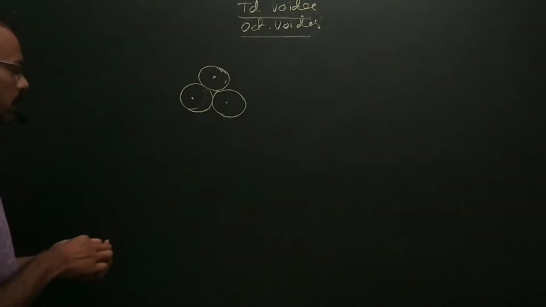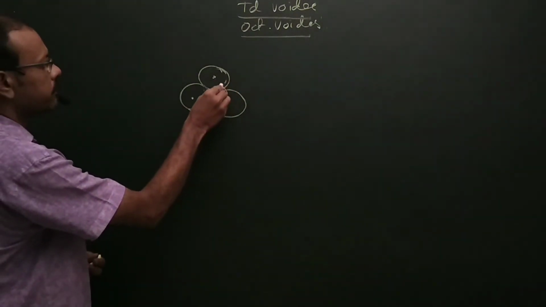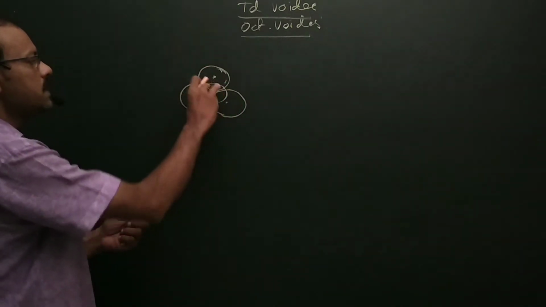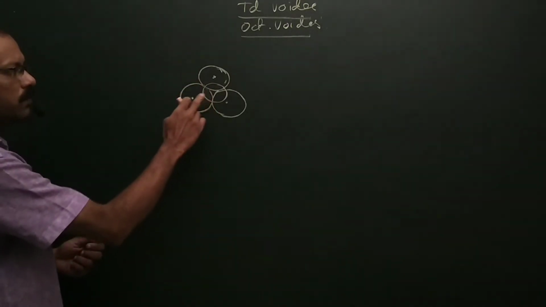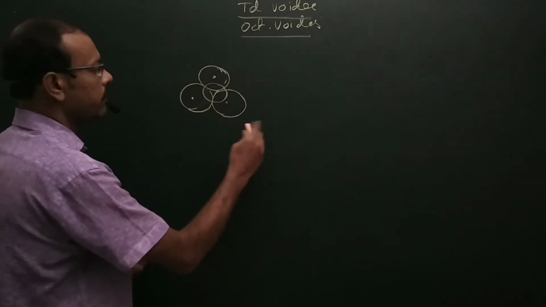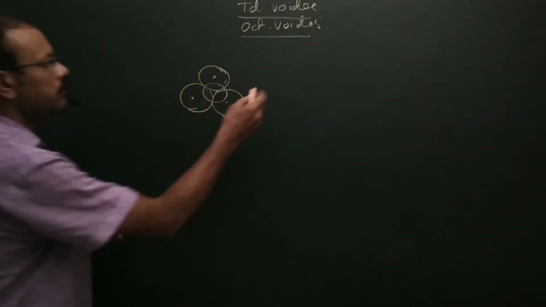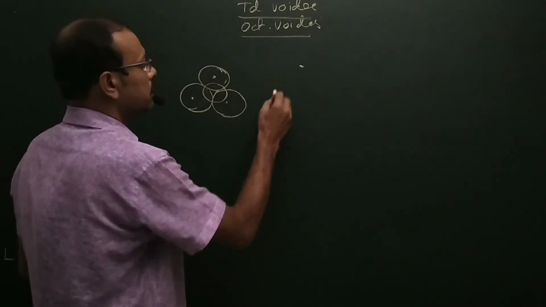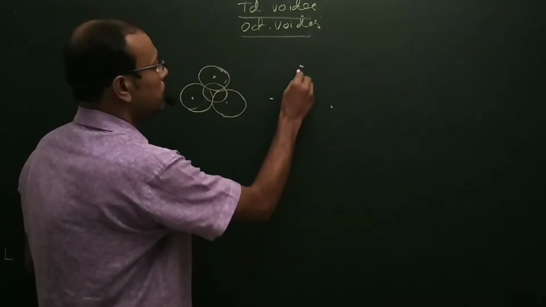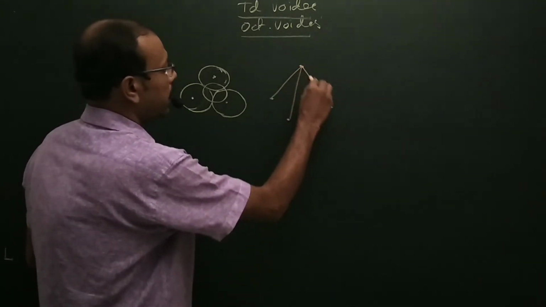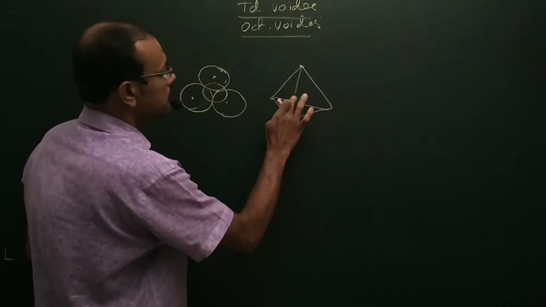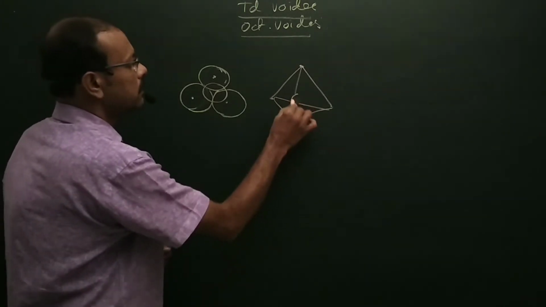And now, if I put another sphere over this, in between these four spheres, there is a vacant space which is called a tetrahedral void. If we invert this figure, we could find that there are four particles at the vertices of a regular tetrahedron. And the vacant space in between is called a tetrahedral void.